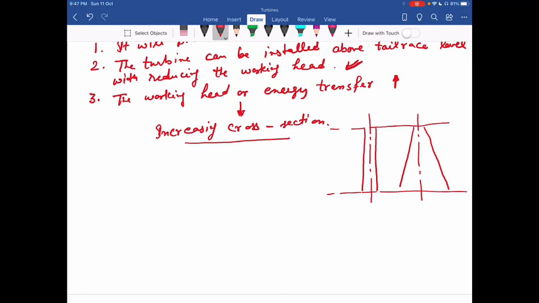Here the leaving velocity is Vo. If we neglect the friction in the draft tube, the leaving velocity from the draft tube is Vo. So that is the energy that goes waste, Vo square by 2 per unit mass.